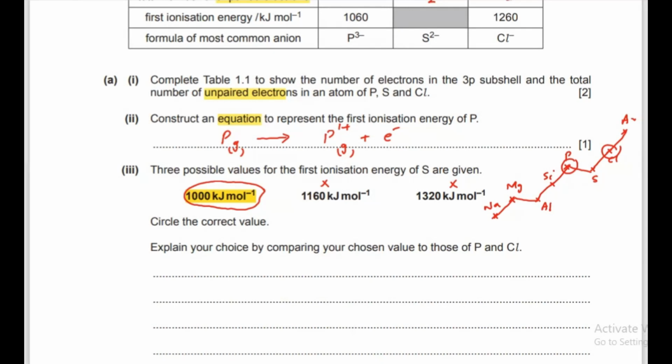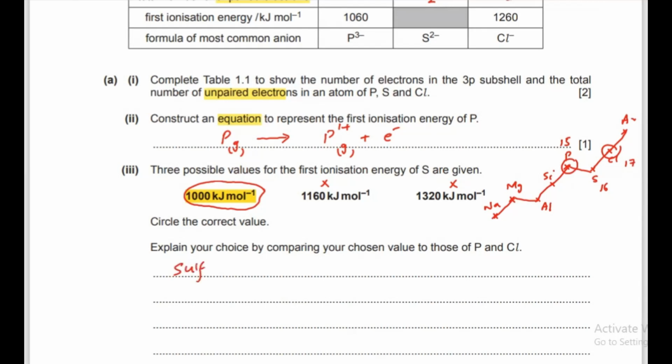As we can see, the proton number of phosphorus, sulfur and chlorine is 15, 16, and 17. So the number of protons present in the nucleus of an atom is the nuclear charge. The nuclear charge of sulfur is 16, and of chlorine is 17, whereas phosphorus is 15. So sulfur has less nuclear charge than chlorine, although it has more nuclear charge than phosphorus.